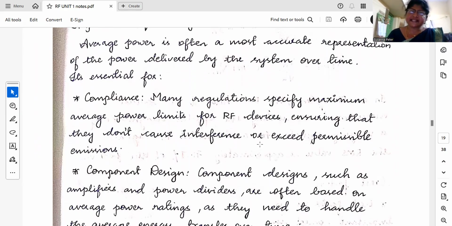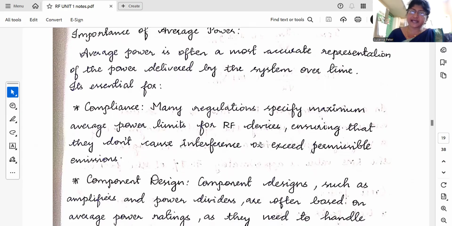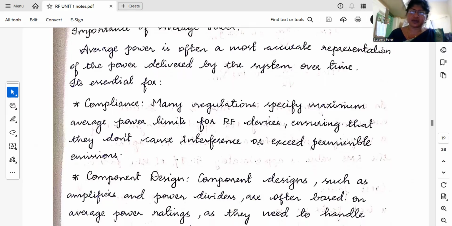Compliance means, for certain systems or components, there is a particular range within which the power should operate. If it goes beyond that, what will happen? It will cause distortion or damage to the components. So it should comply with the standards.